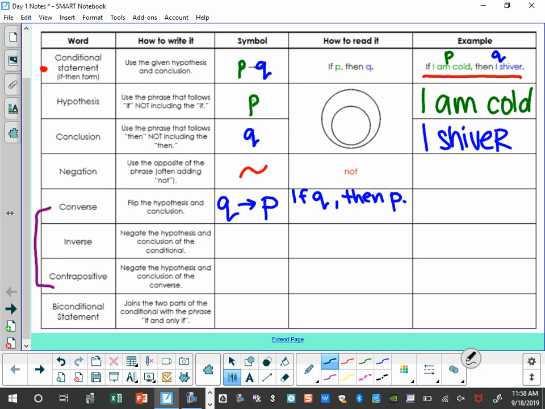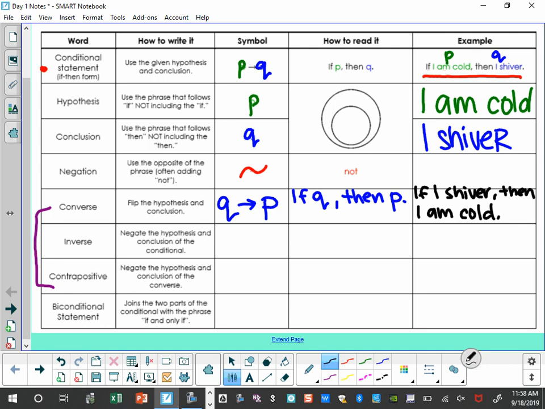Write that down. I do not expect you guys to memorize this stuff. This is why I want you to hang on to your blue sheet so you can refer back to it.